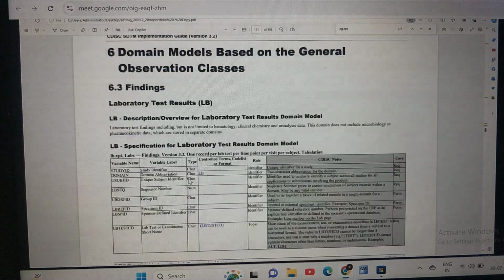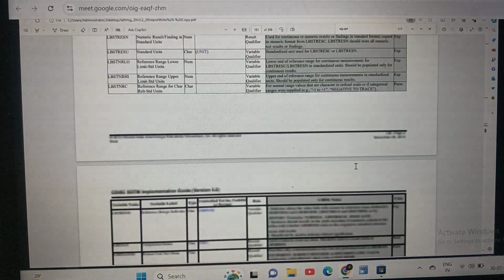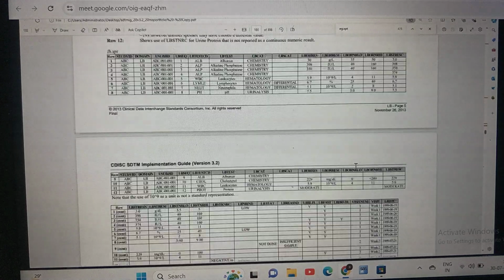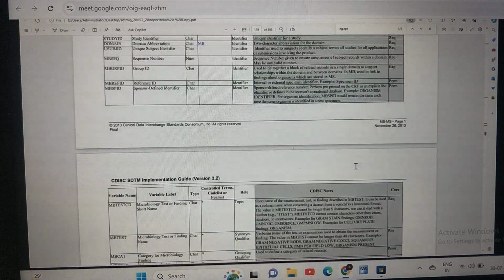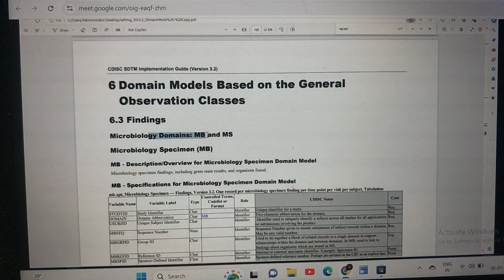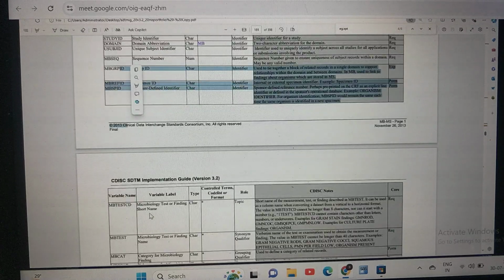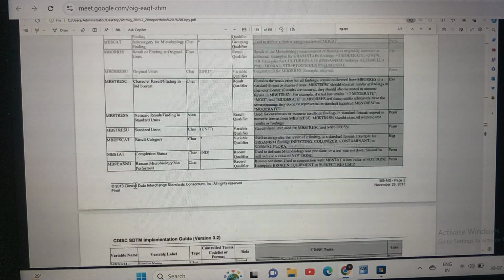If you can see, all the findings domains look similar. We already saw the LB domain. The microbiology specimen findings, the microbiology MB and MS domains, are also the same; the data comes from the microbiology-specific findings. All the variables are the same as what we have discussed.